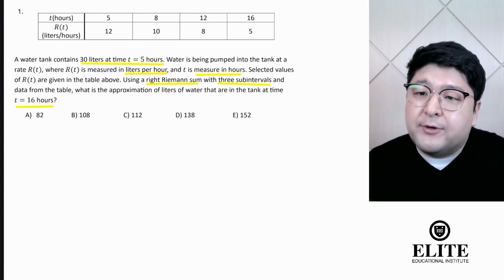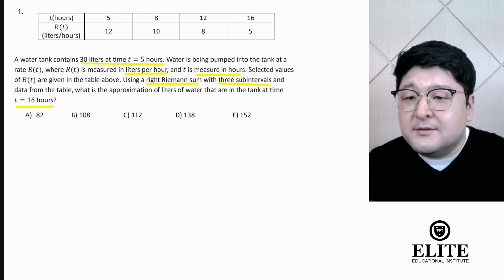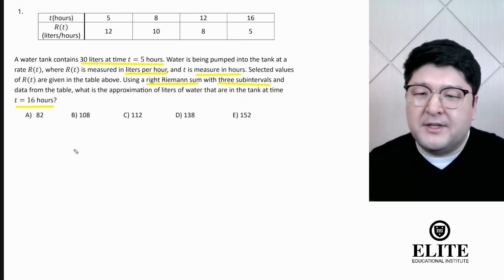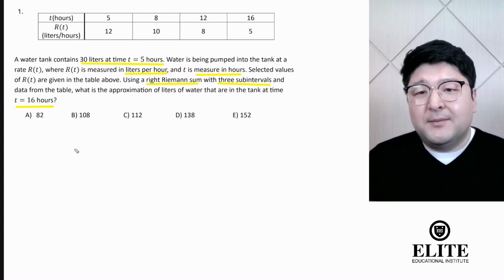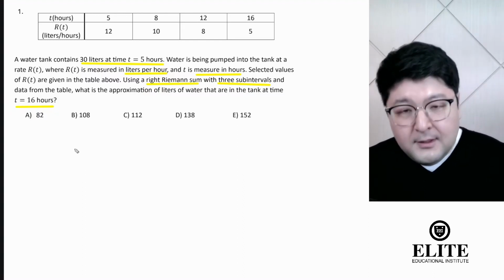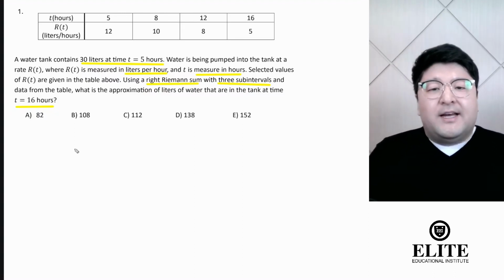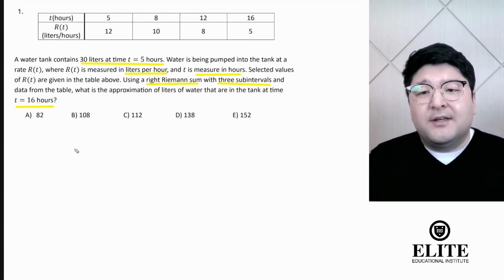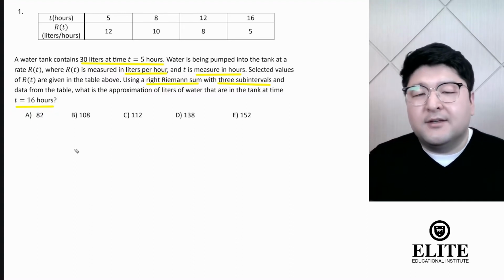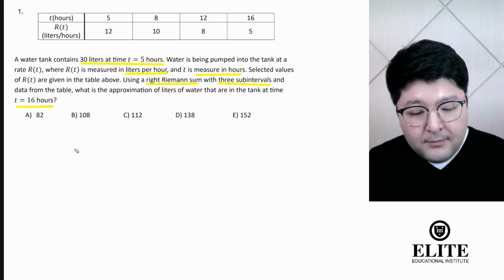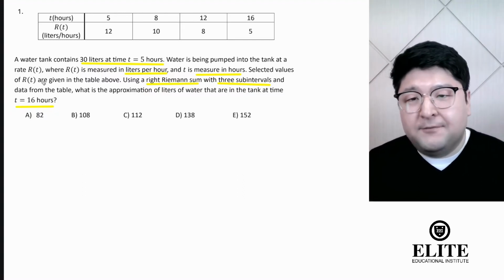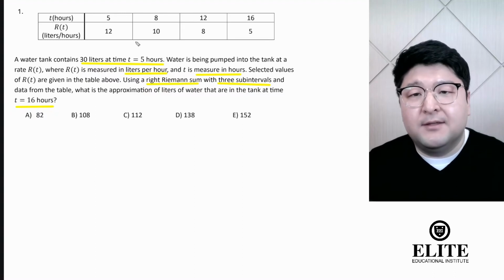Okay, so this is a Riemann sum problem, right? A lot of students struggle with Riemann sum problems, thinking that it's something really complicated. But on the AP exam, the numbers are not going to be that complicated. So what is that question actually asking us? We have a water tank and water is being pumped into the tank. That means the volume inside the tank is increasing, and the rate at which the water is being pumped in is given by the table values.